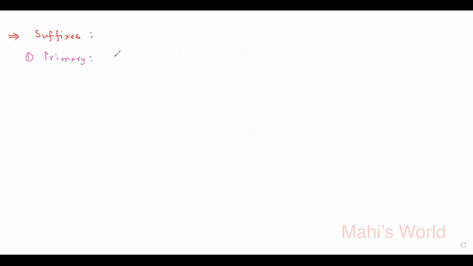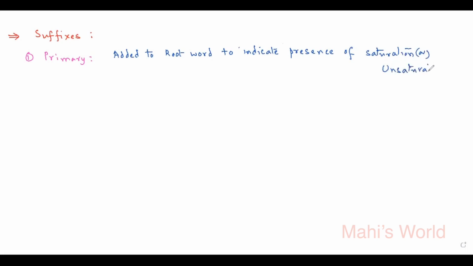A primary suffix is written immediately after the root word to indicate the presence of saturation or unsaturation.